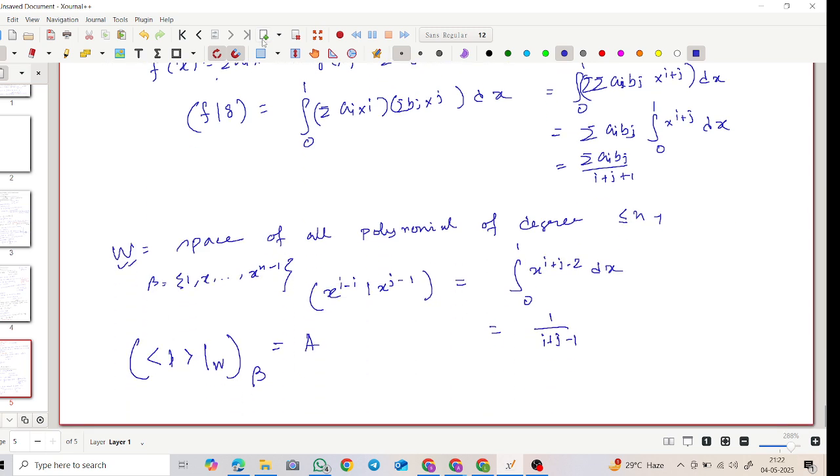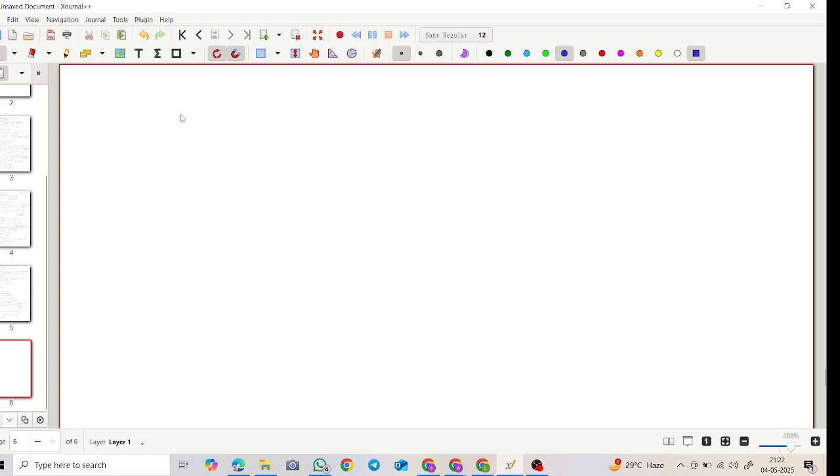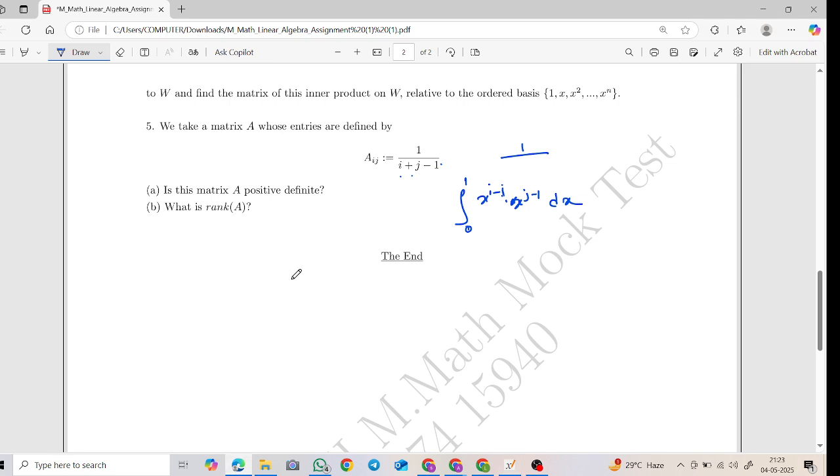So the problem with this matrix is that when I'm asking you this problem number 4, you are thinking this is a problem of matrices, so you are thinking in terms of linearity, trace and all that. When I see this, I am seeing it as a problem of inner product spaces, which is disguised in a matrix form.